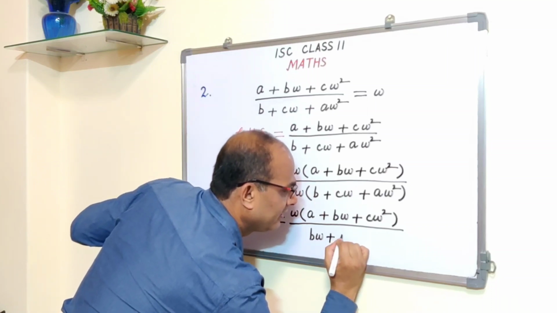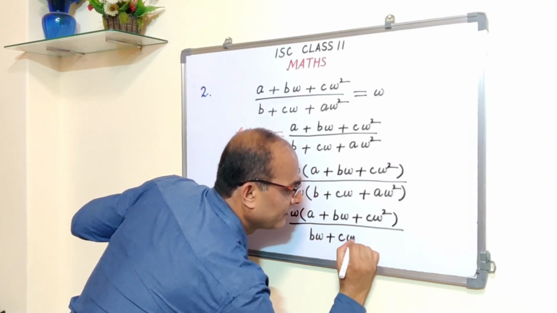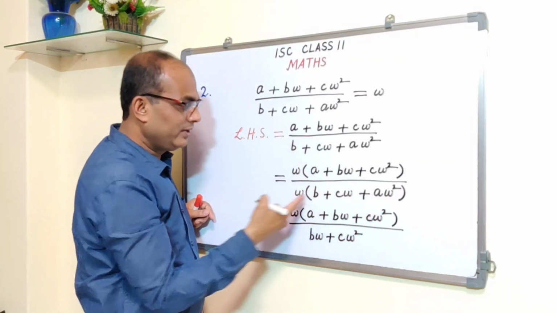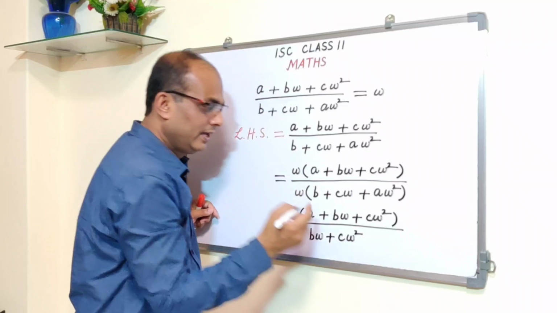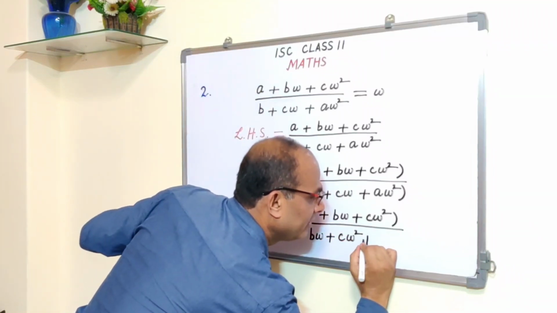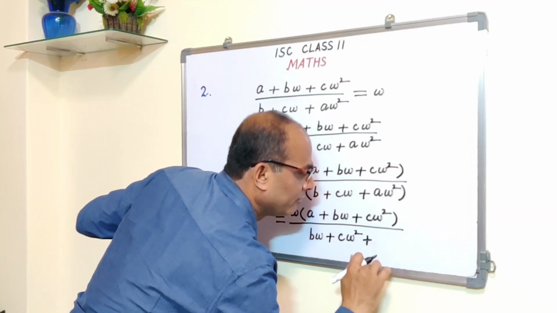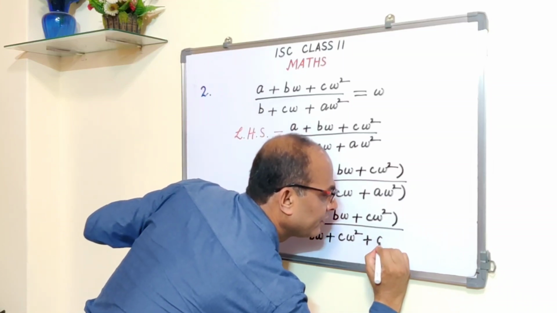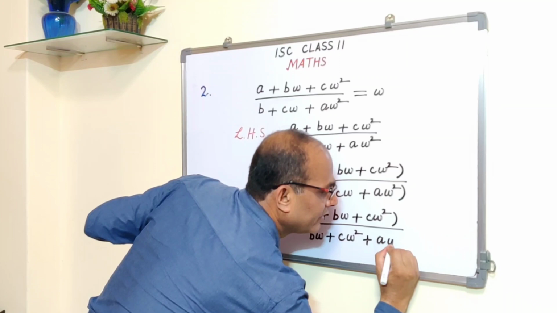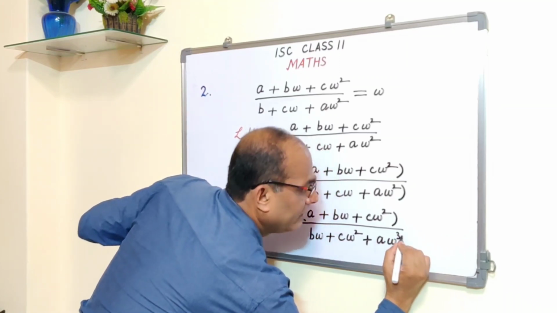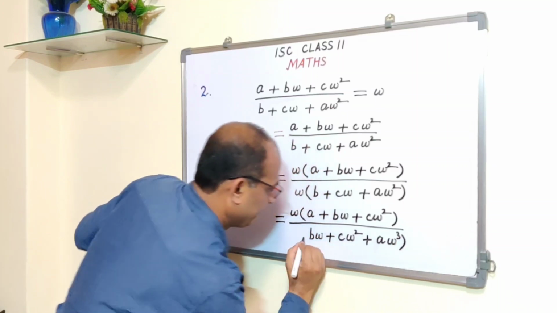Is that clear? C omega square. And when you multiply this A omega square with this omega, you get A omega cube. So plus A omega cube. Got it? And you can put a bracket also if you wish.